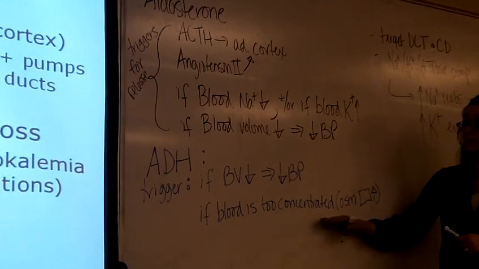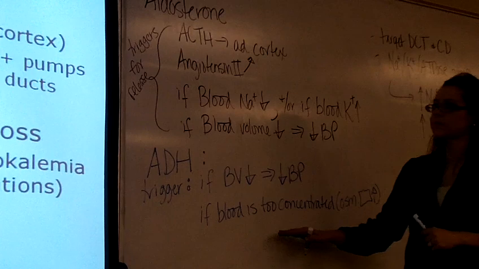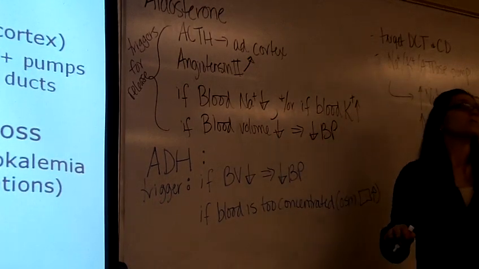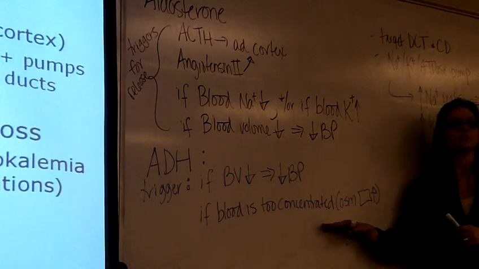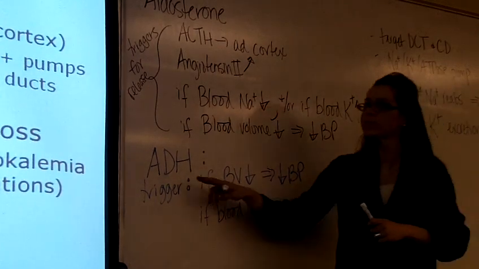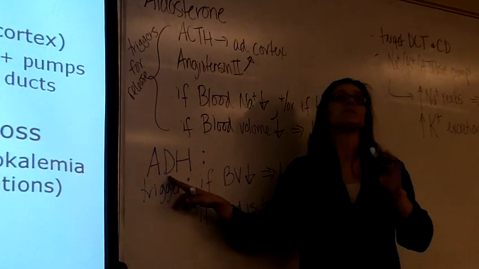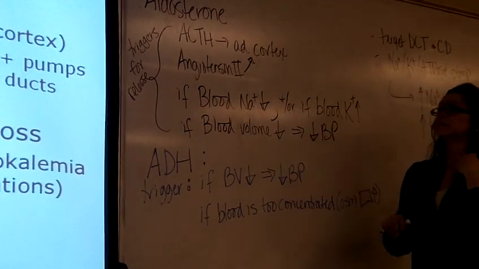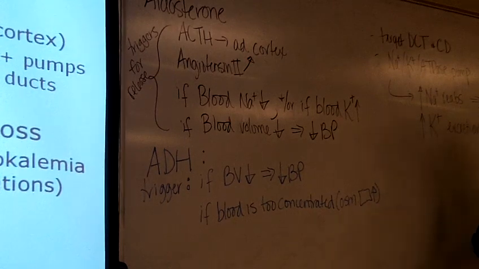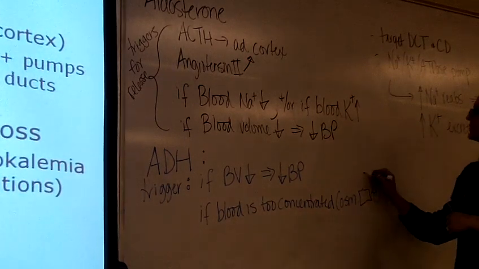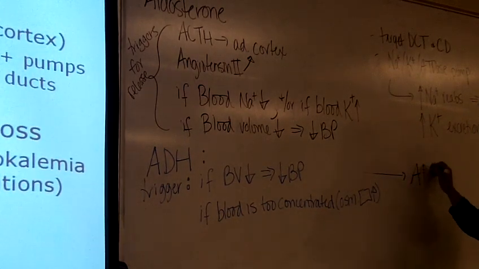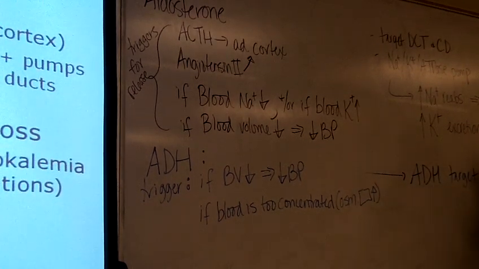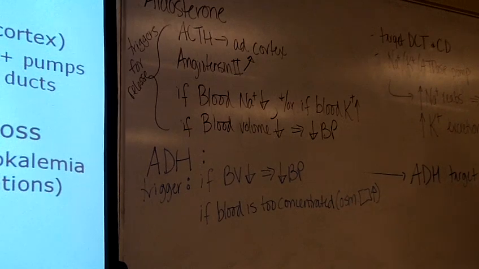And I mentioned this because at one point we had said that the hypothalamus contains osmoreceptors that detect this. And it's the hypothalamus that releases, well, I should say, posterior pituitary releases ADH. It's made in the hypothalamus. And so what ADH is going to do, ADH is going to target DCT and collecting ducts.